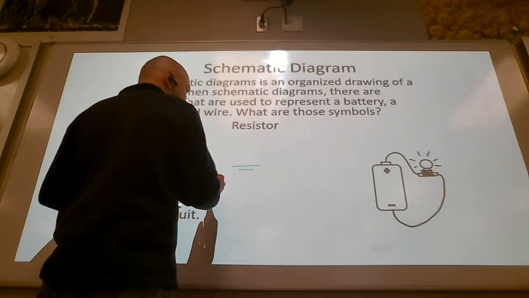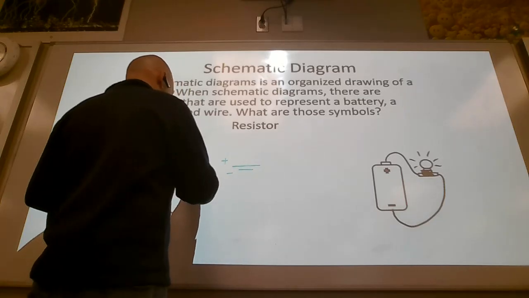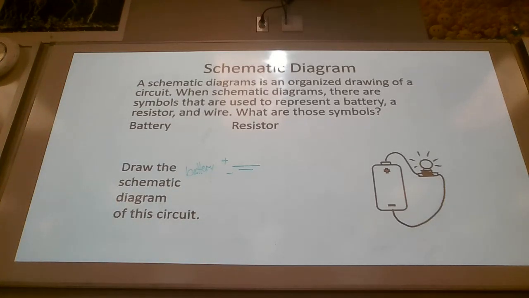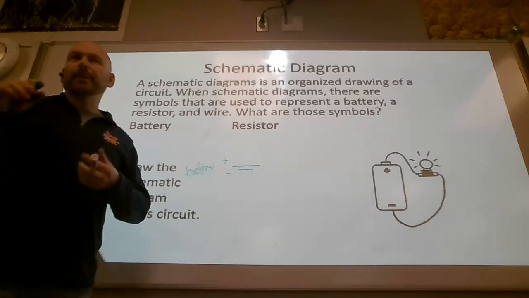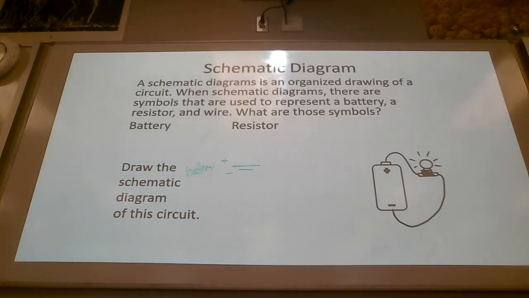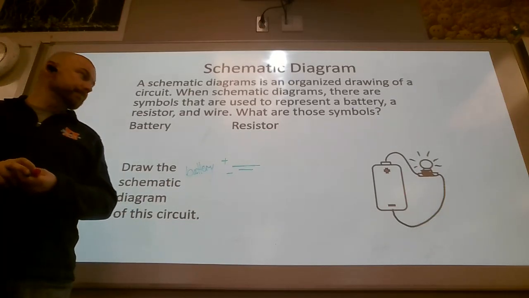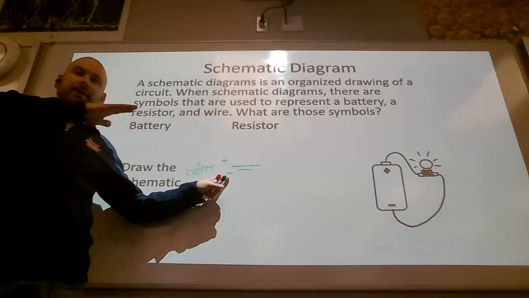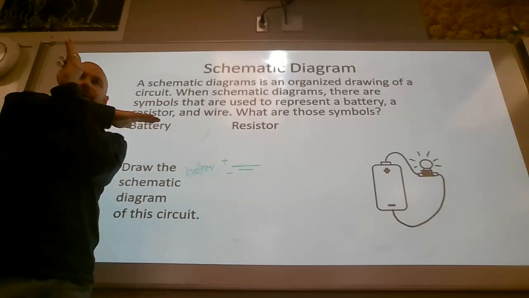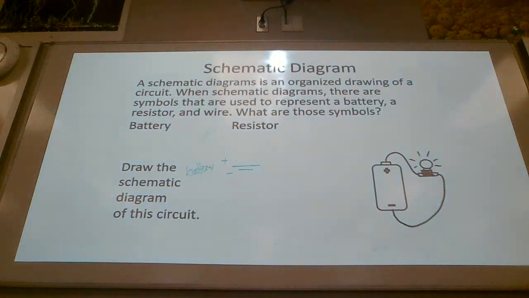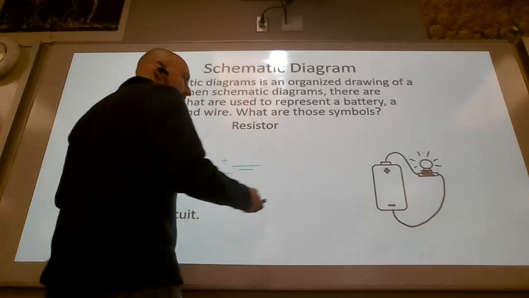So this would represent a battery: a long line and a short line parallel to each other. The long side is positive, the short side is negative. Here's how I remember that. The negative sign is just one stick. Positive sign is two sticks. So that's a battery.